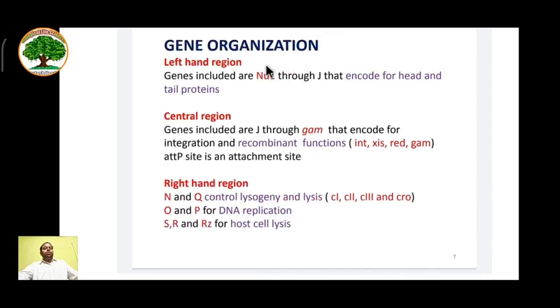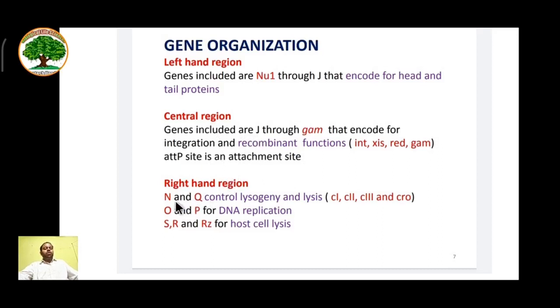Let's see the genome organization in the case of lambda phage. There is a left hand region, a central region and a right hand region. The left hand region includes genes such as Nu1 through J that code for head and tail proteins. The central region includes genes J through gam that code for integration and recombination functions. All these genes are responsible for attachment of the phage with the bacterial cell membrane.